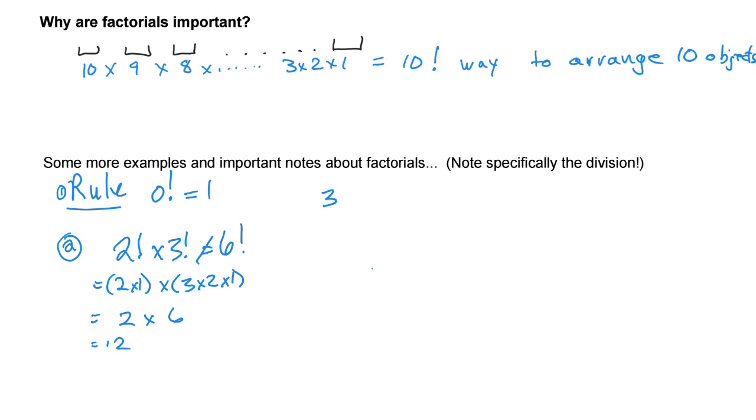Let's say I have something like this: 8 factorial divided by 5 factorial.